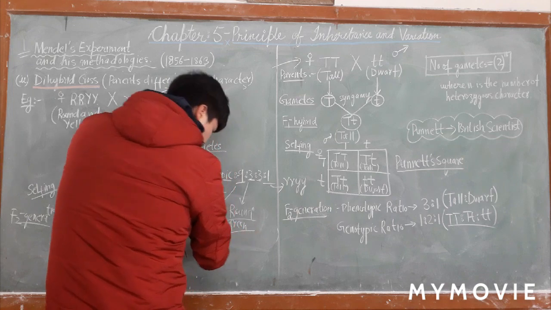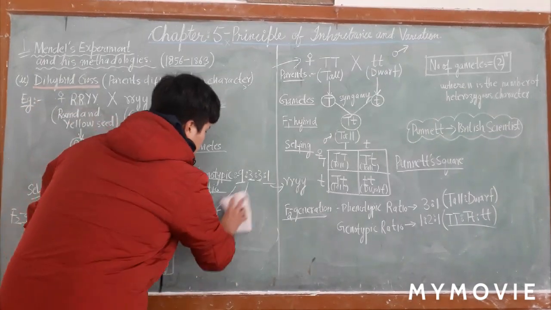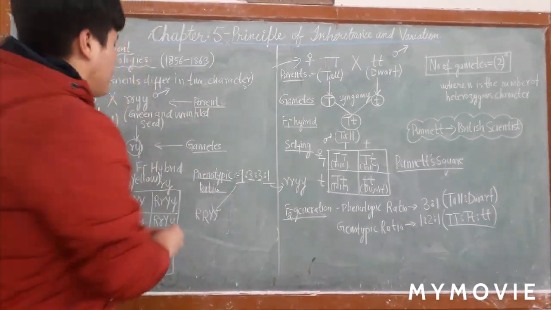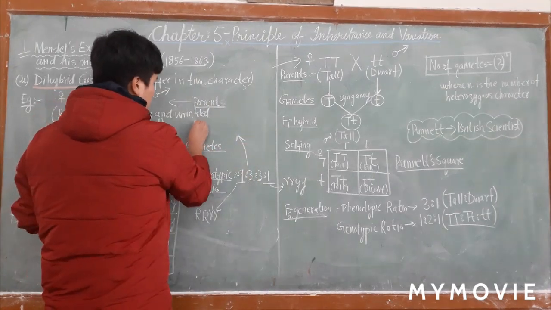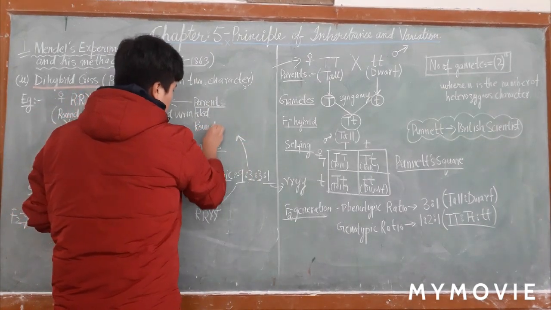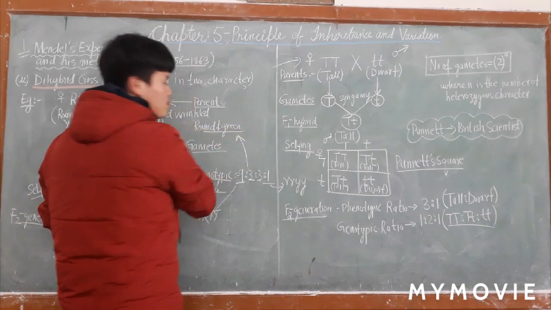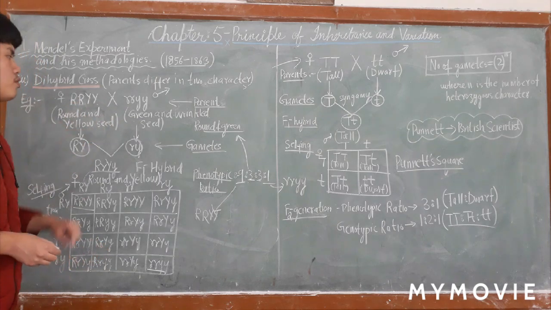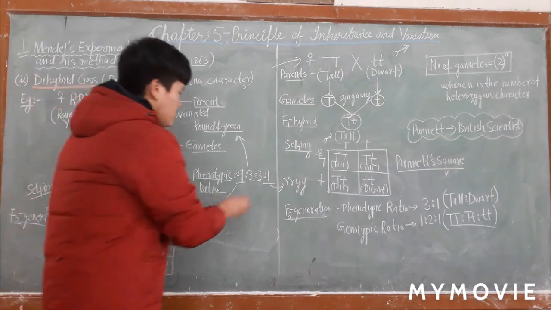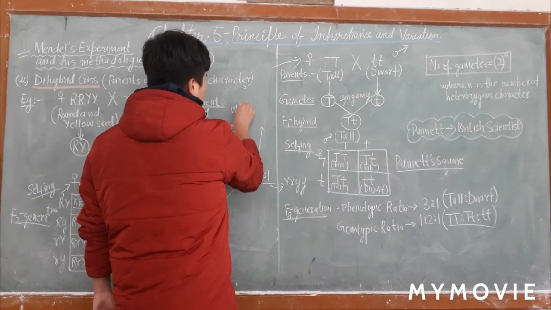This is a new combination. The parents were round and green, round and yellow, round and green. And the other 3 shows wrinkled and yellow.